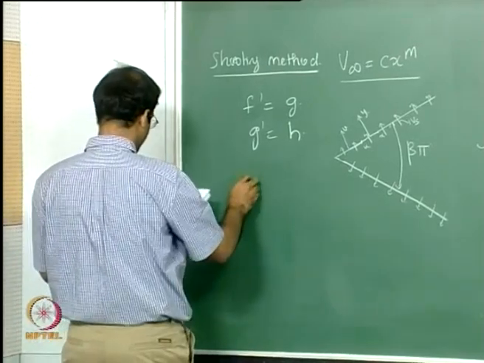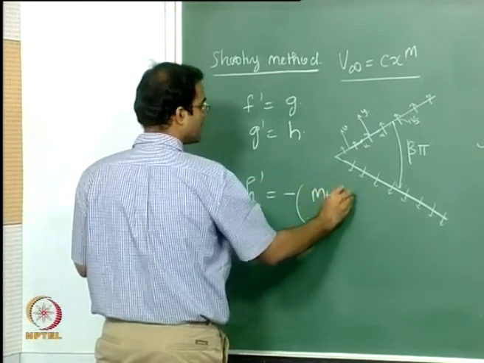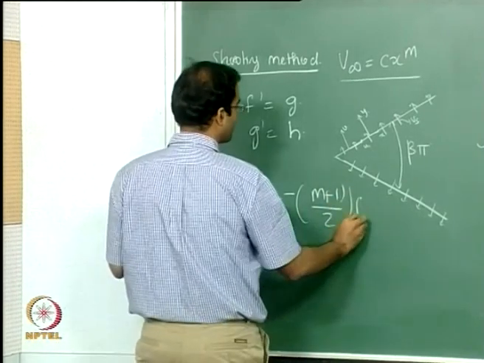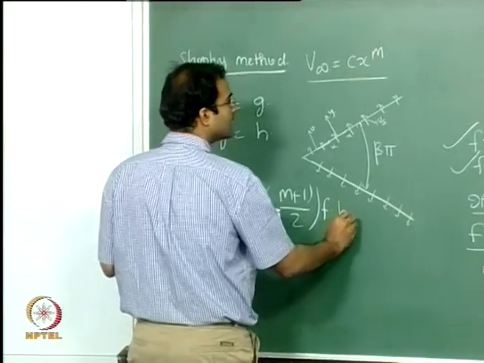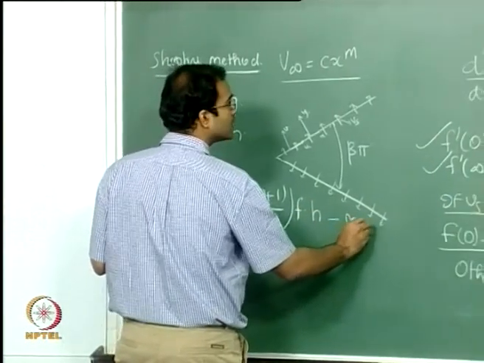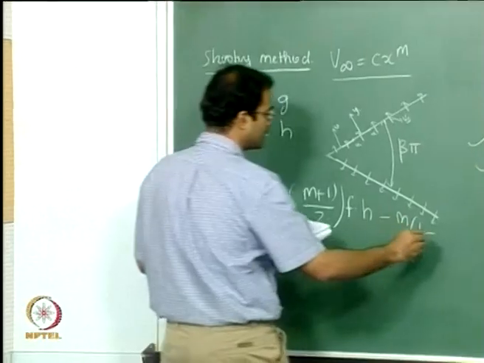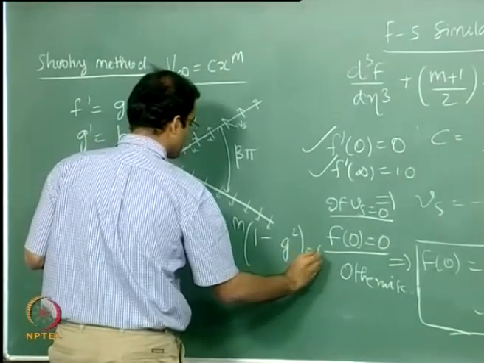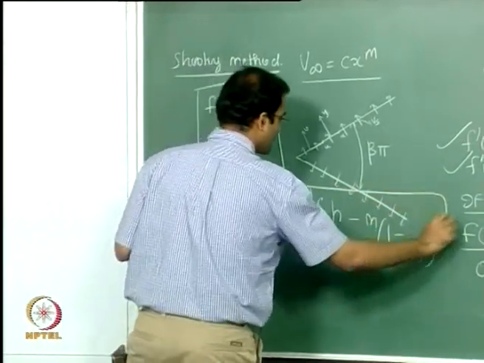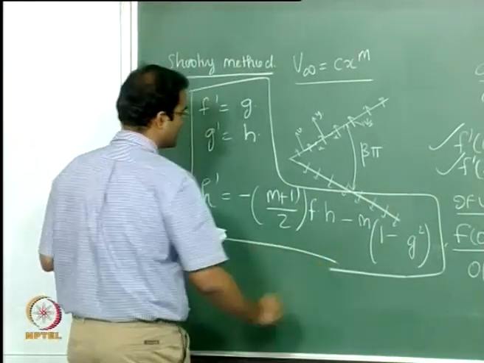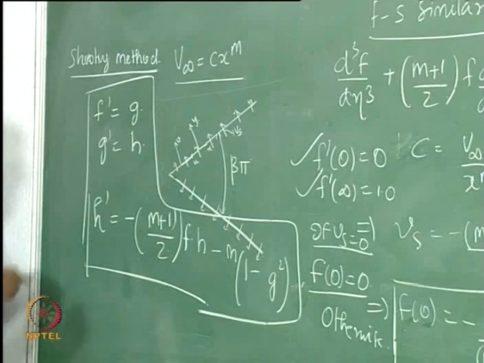This will be h prime is equal to minus of (m plus 1) by 2 into f into h, plus m into (1 minus (df by d eta) g square). So this is your set of first order ODEs that you have reduced from the given third order ODE, and the corresponding boundary conditions.